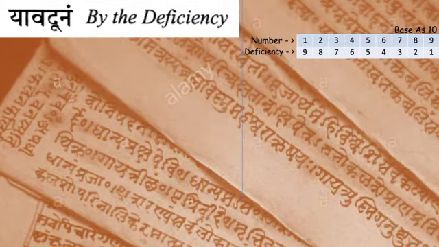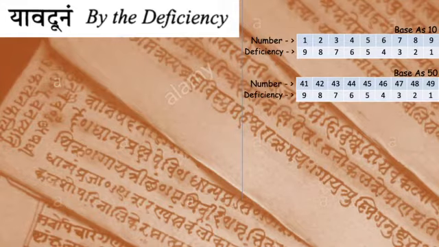So we are pretty familiar with this table, right? 1 and 9 makes a 10, 2 and 8 makes a 10. If we extend this, for example, if we take 50 as the base, 41 and 9 makes 50, right?